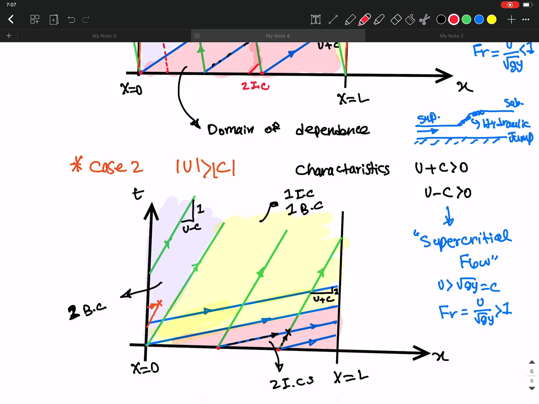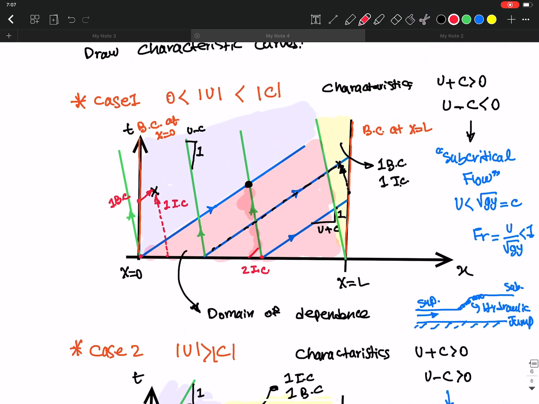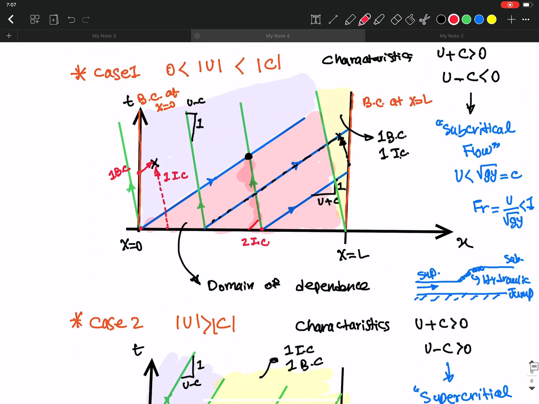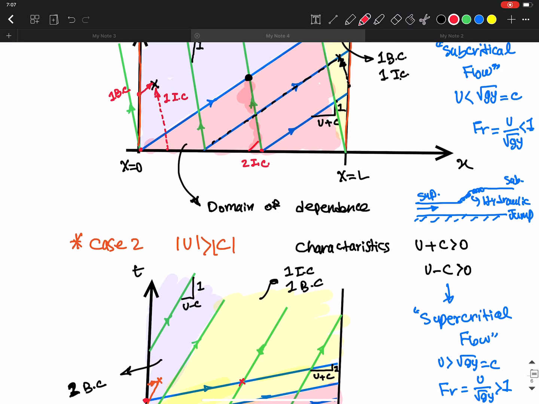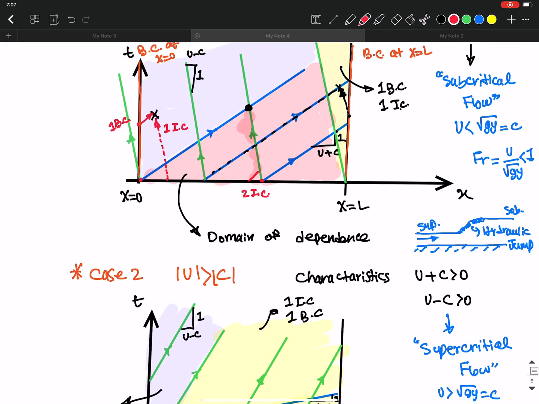And for any point in the yellow region, for example this point, you need an initial condition and a boundary condition, which is coming from the left, right? So this is how you can classify the regions for this type of equation and this type of PDE, and how you can solve it.